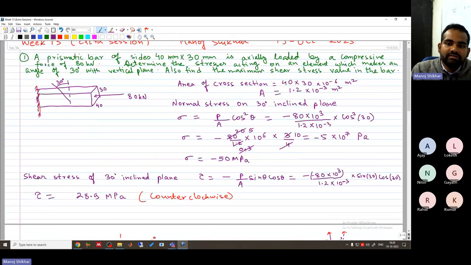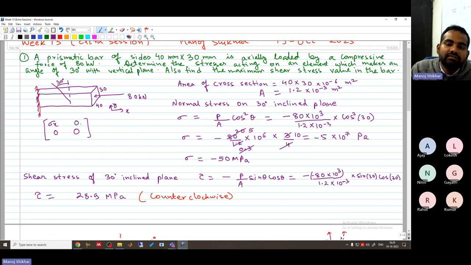The stress tensor, the initial stress tensor, would have been sigma x, 0, 0, 0. Since it is 2D, there will be only two. So this is sigma x, this is x and y. I'm assuming that this is x and this is y.